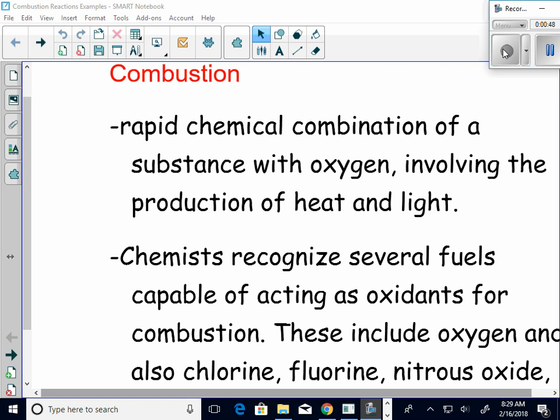So, it is a chemical combination with oxygen. A lot of the times, it's pulling oxygen from the air. If there would be a fire somewhere, what do they tell you to do? Well, stop, drop, and roll, yeah, but that's if you're on fire.